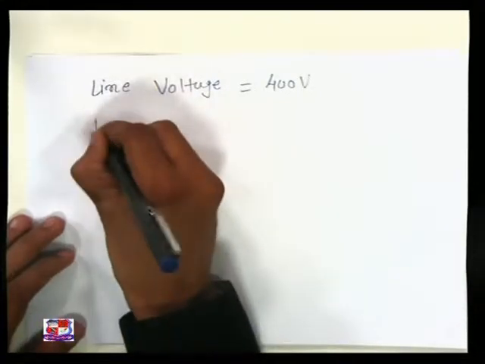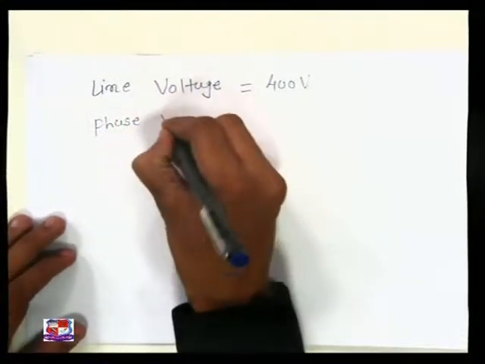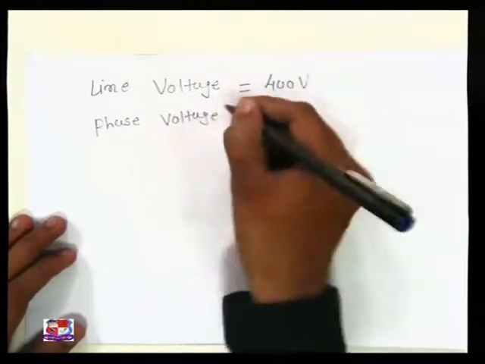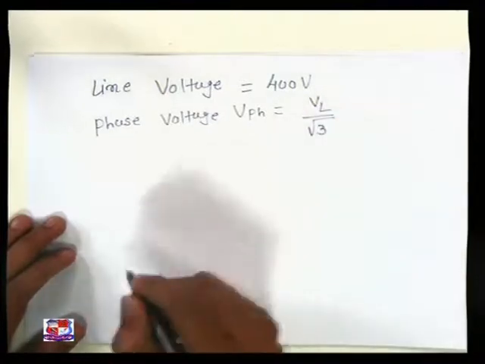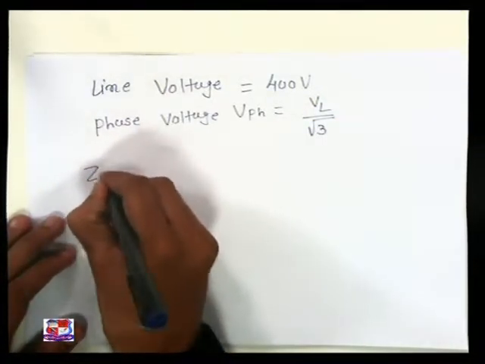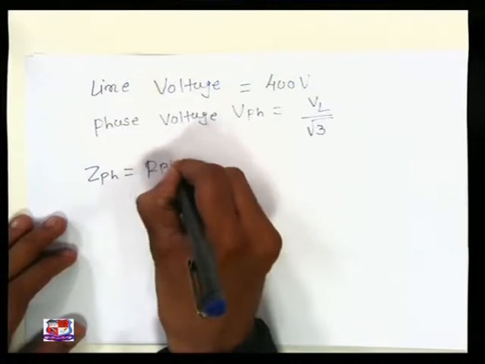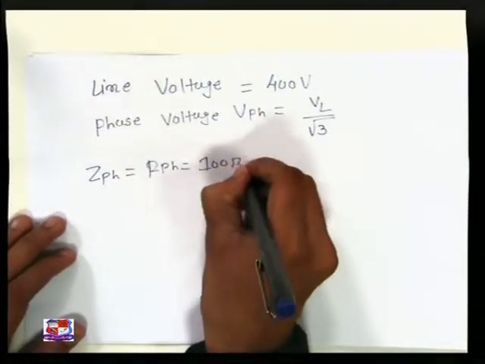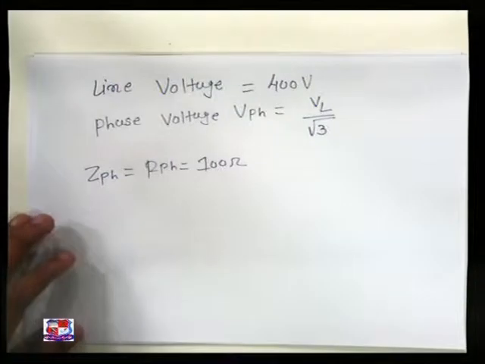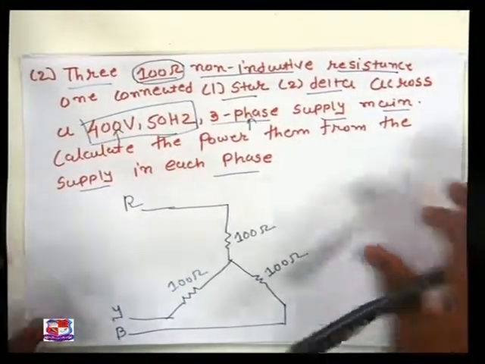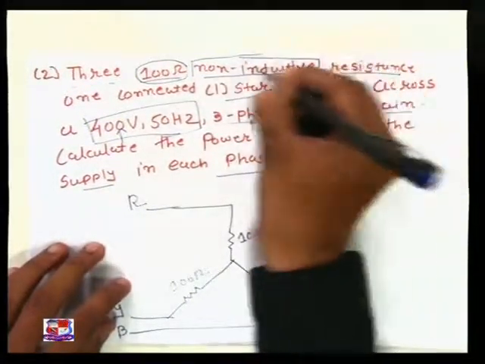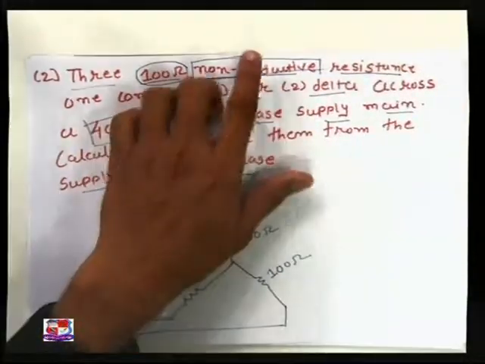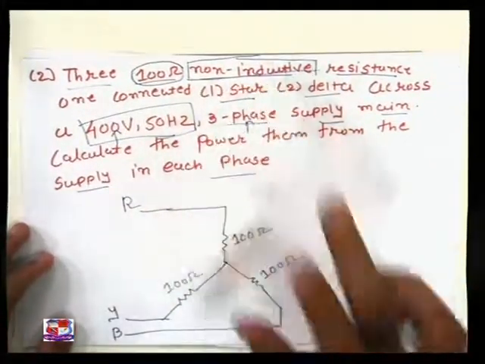Then we find the phase voltage, which is equal to VL upon root 3, because ZPH is equal to RPH is equal to 100 ohm, as the resistance is non-inductive. It is very important: non-inductive means RPH is equal to ZPH.